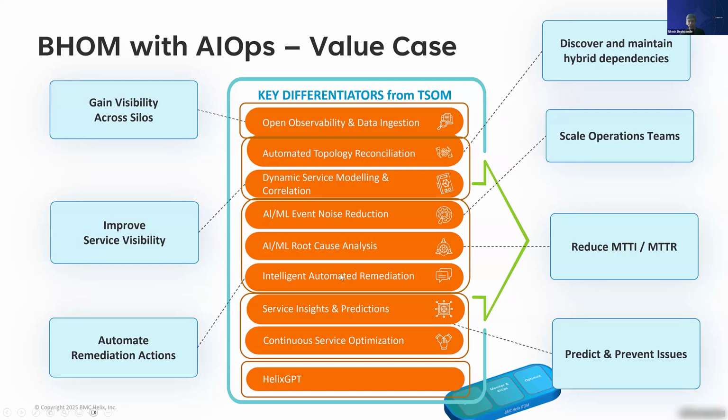For each service which is defined on the AIOps, you can get better visibility of the service, what was happening in the past, and what's the probability of the problem happening in the future. That's the event predictions. Using all these capabilities, you can reduce your MTTI, MTTR, then you can scale your application, and that's the way you can have continuous service optimization.